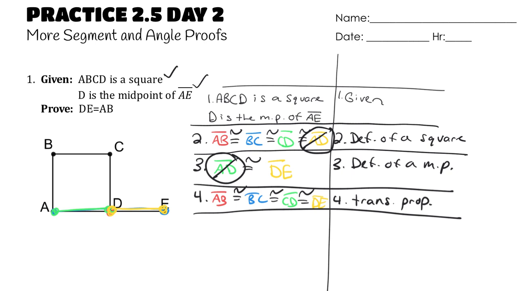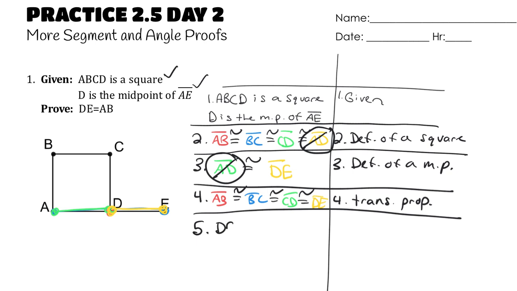Now, if we look at what we're trying to prove, that DE and AB are equal, not congruent. So we want the length from D to E, which DE is here, and the length from A to B, which AB is here. So since segment AB is congruent to segment DE, the length between D and E would be equal to the length between A and B. So we can finish our proof.